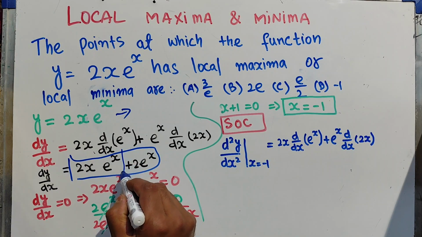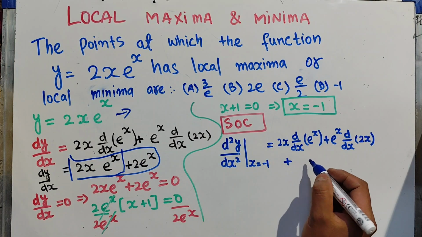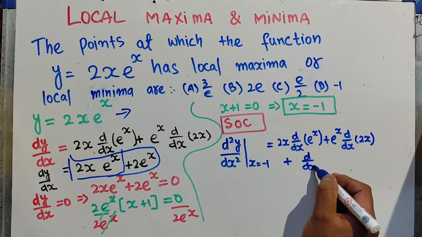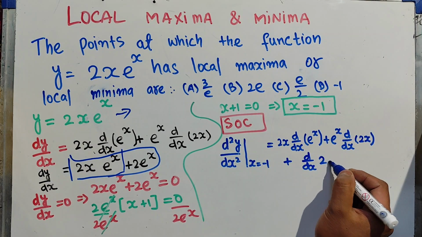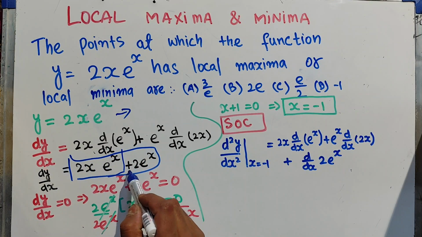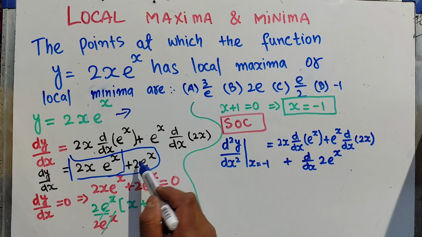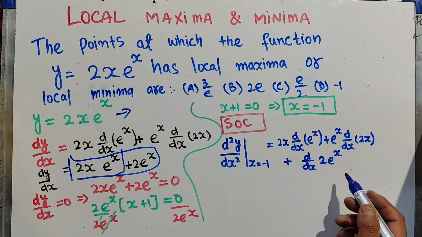So this was the differentiation of the first term, plus we have the derivative of the second term, that is d upon dx of 2 e raised to the power x. Let me see if I have done it correctly. Yes, it is correct.